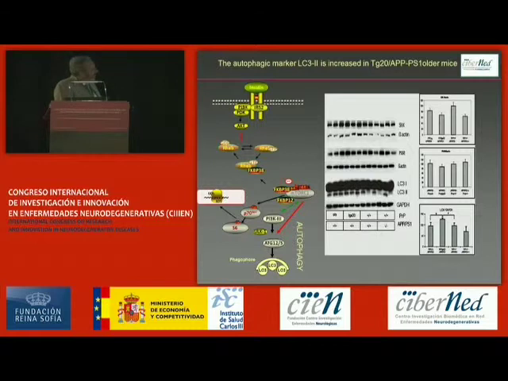We checked almost all the components, and we only detected an increase in LC3-II, which is quantified here, showing probably that the accumulation of amyloid triggered by the increasing presence of PrP increases the level of autophagy in these neurons, or at least in these brains.